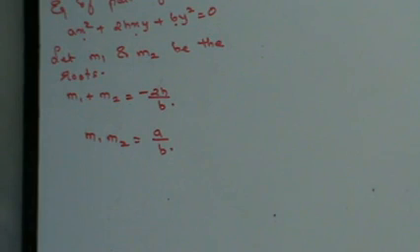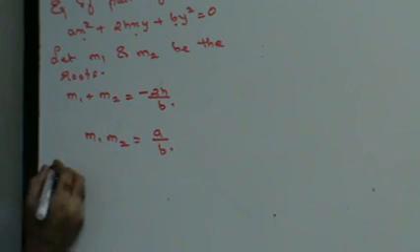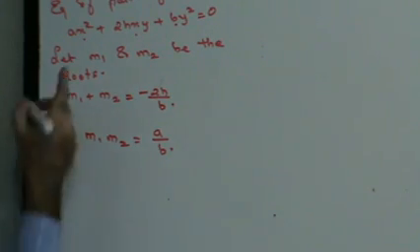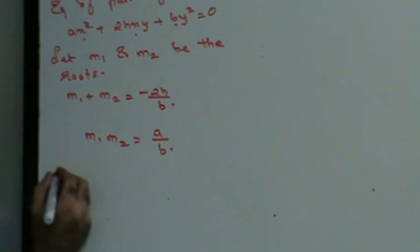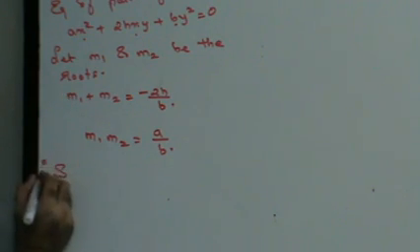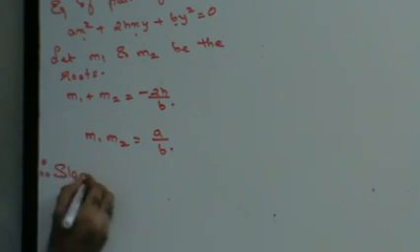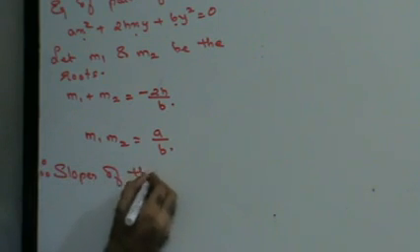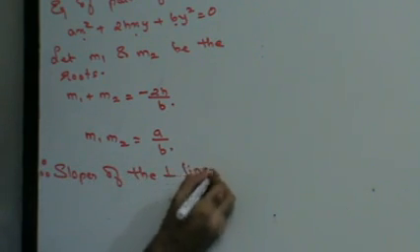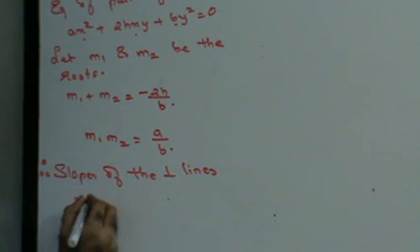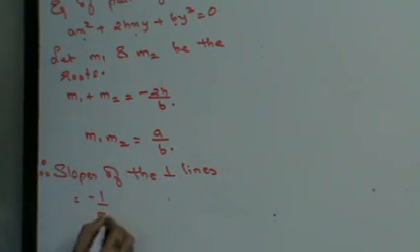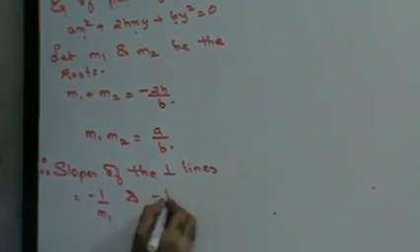Now they said that find the combined equation of a pair of lines passing through the origin and perpendicular to the pair of lines. Now since m1 and m2 are the slopes here, therefore I can say that slopes of the perpendicular lines will be nothing but negative reciprocal, minus 1 upon m1 and minus 1 upon m2, right?